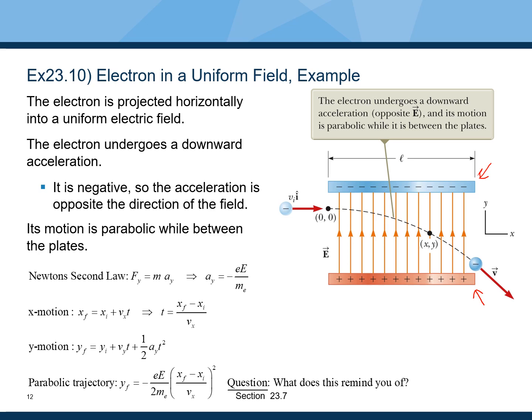And you will see in the next chapter that the electric field goes from the positive charge plate towards the negative charge plate, and the electric field is in fact uniform. So you have a uniform electric field, and that immediately reminds you of the Earth's gravitational field. The Earth's gravitational field, at least measured on short distances, is also uniform.